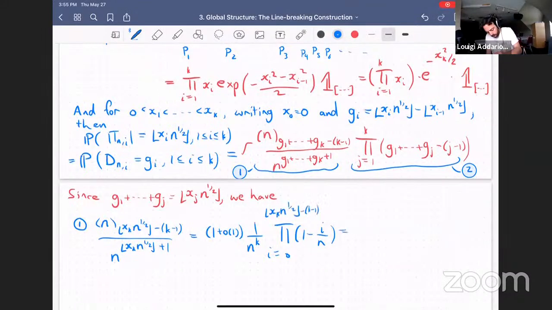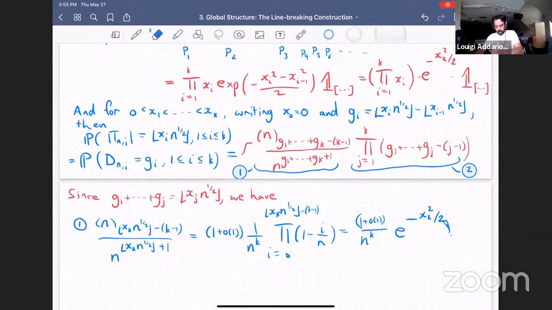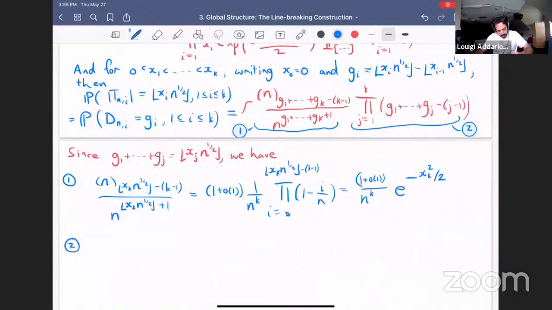So that's giving us 1 plus little o(1) over n to the k, and then e to the minus xk squared on 2. Is that, yeah, that's right. So that's the first part, and that's similar to what we saw before.